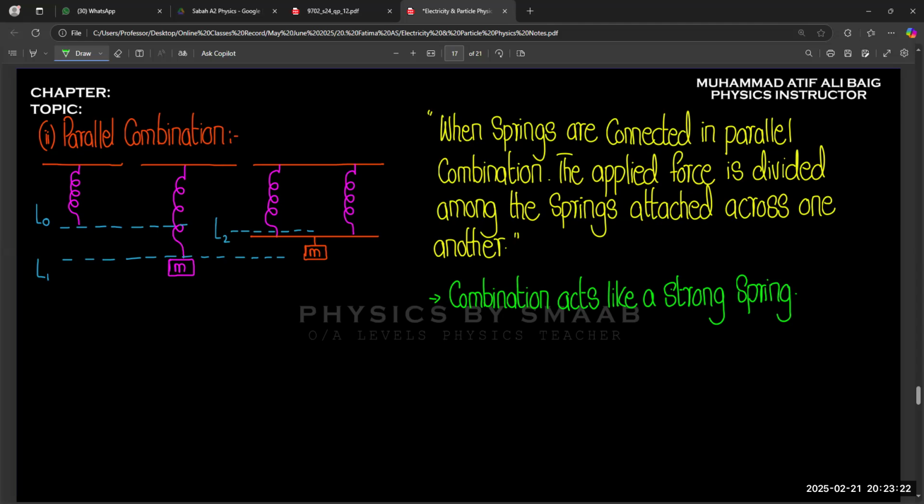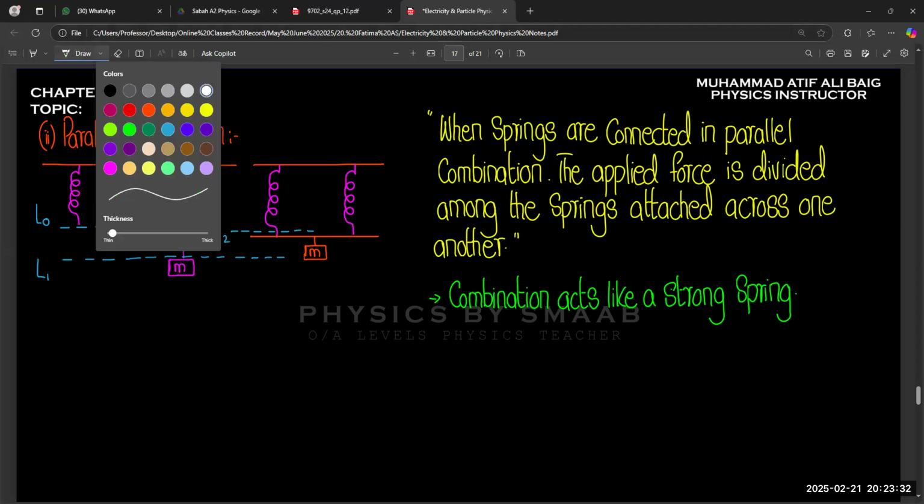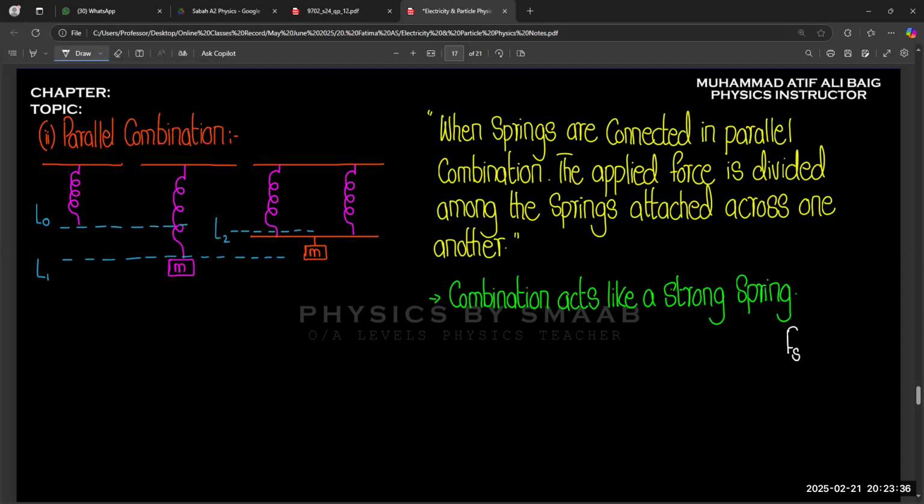It means extension decreases as compared to the single spring. Yes, so force will divide by the number of springs definitely. So if we talk about the value of the force, the value of the force will be divided by the number of springs.